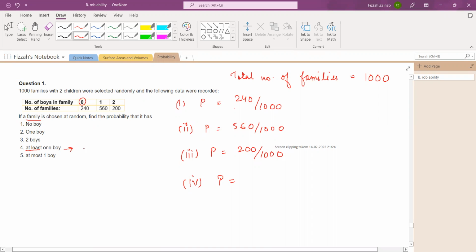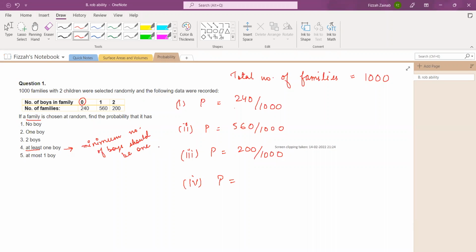Yes, ma'am. So in this case this means that the minimum number of boys should be one. So at least means the minimum number of boys should be one. So that means you also have to take the families which are having more than one boy, isn't it?